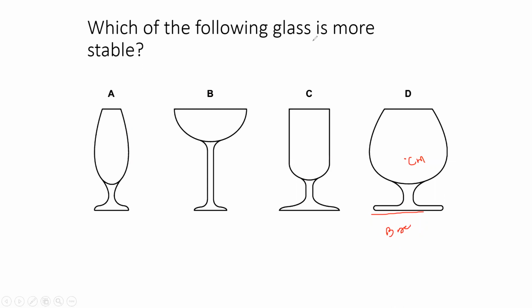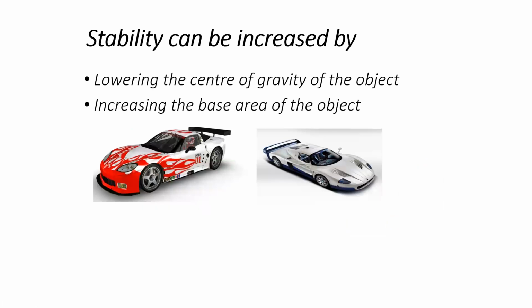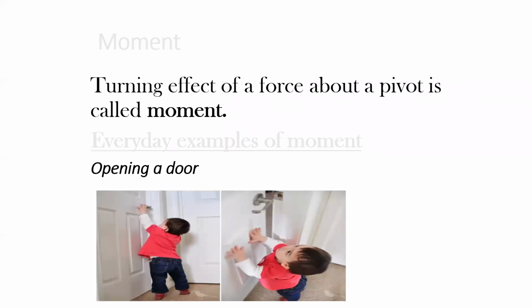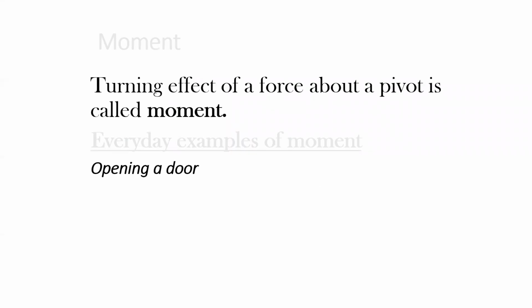So today what we discussed was the turning effect, the moment. We discussed that stability depends on many factors such as base area and the position of center of gravity.